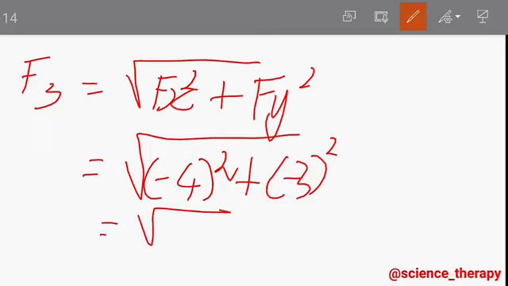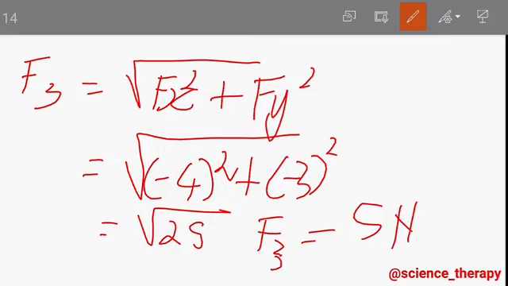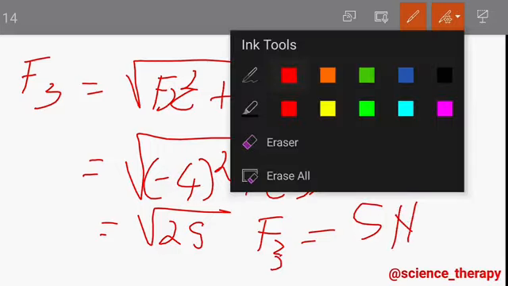Adding that together, we get 25, and then the square root of 25 is 5. That means the magnitude of F3 is 5 newtons. Nice.